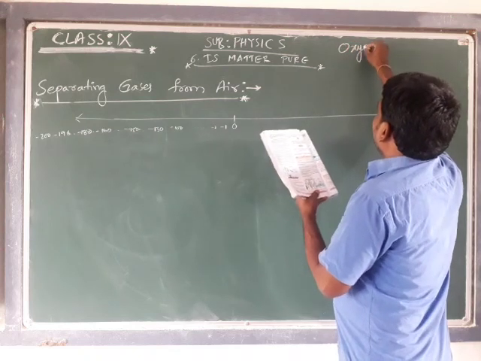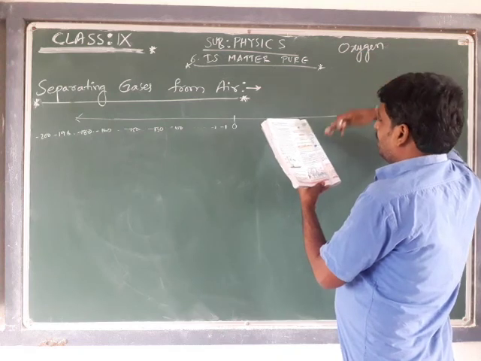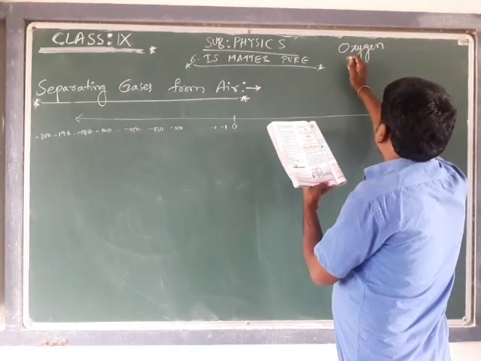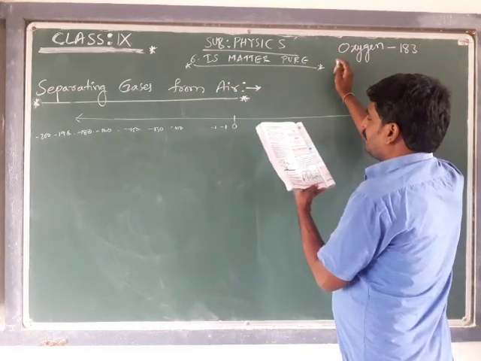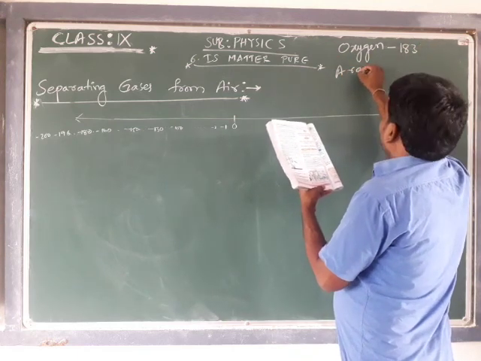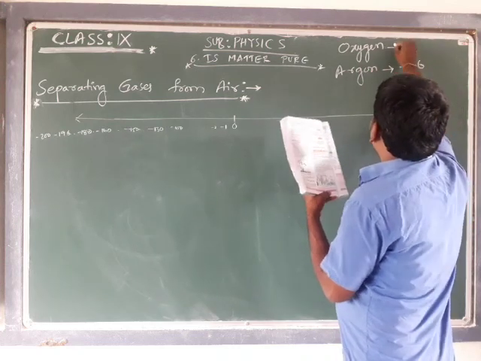If I take the table given on page number 94, it gives the boiling points. Oxygen has a boiling point of minus 183, argon minus 186, and nitrogen minus 196. Keep this in mind.